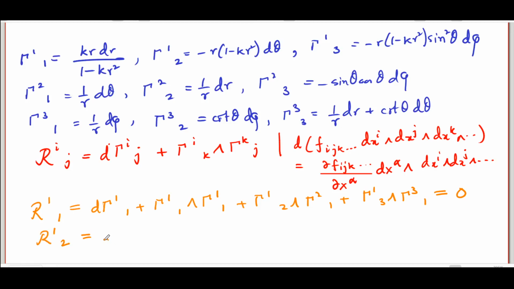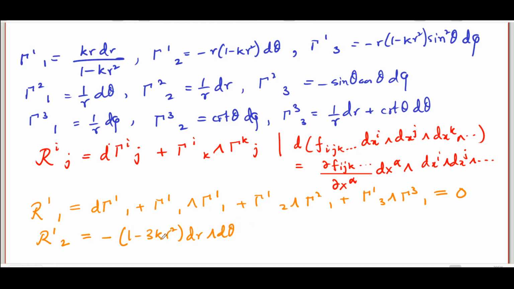What about R^1_2? That's d gamma^1_2 plus, okay, let me just work them out one by one as I go along. The d gamma^1_2. Now you're not going to get 0. What you're going to get is the derivative of this term, that's minus (r minus kr cubed), so minus (1 minus 3kr squared) dr wedge d theta.